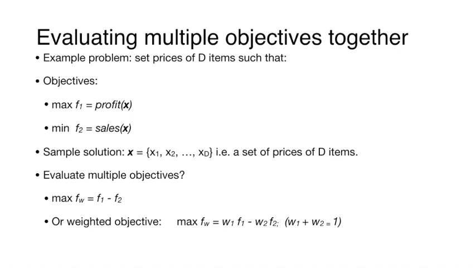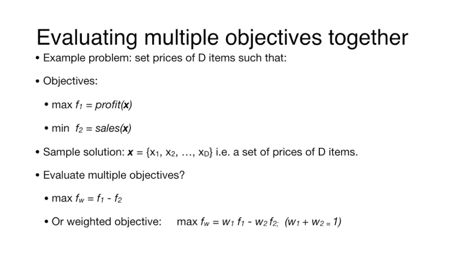So our new objective function or fitness function FW is now W1 times F1 minus W2 times F2, where W1 and W2 are simply fractions that sum to 1. Or we can say they're percentages. So if the profit is more important to us, maybe we can set W1 equals 0.6 or 60% and W2 to 0.4 or 40%.